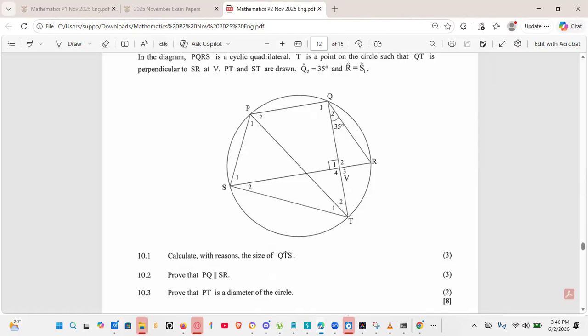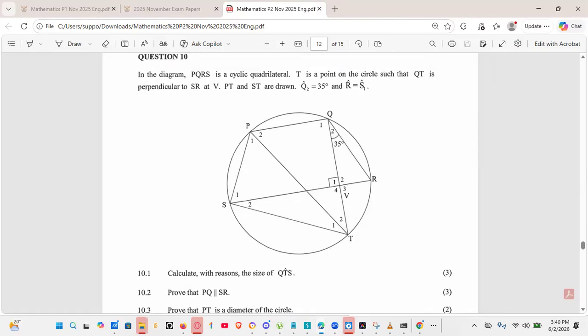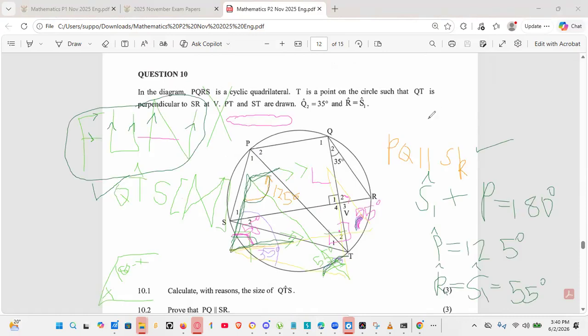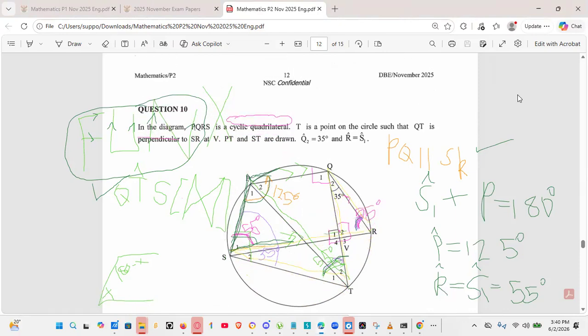So now prove it's a diameter. We've already spoken about this diameter briefly. Because the line PT cut and it created a 90 on both sides. If you look at this, here you want to prove that Q1 is 90.